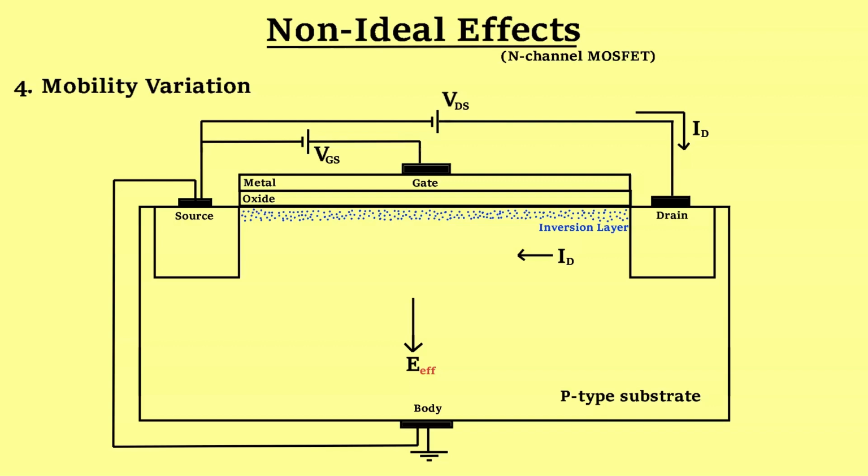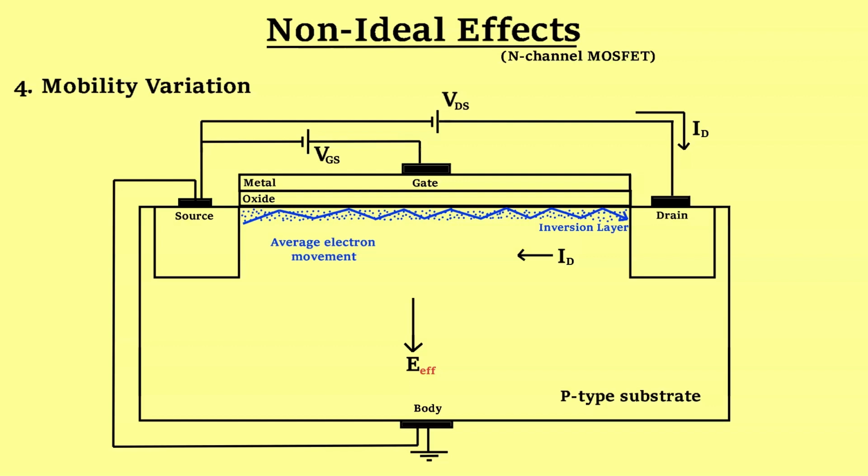This effective electric field is responsible for creating the inversion layer by attracting free electrons at the top of the semiconductor. When we apply drain to source voltage, electrons begin to move laterally. At lower gate to source voltages, there is no problem. But when gate to source voltage becomes high, the high effective electric field becomes problematic as it begins to attract the charge carriers so strongly in the transverse direction that their longitudinal movement begins to get restricted.